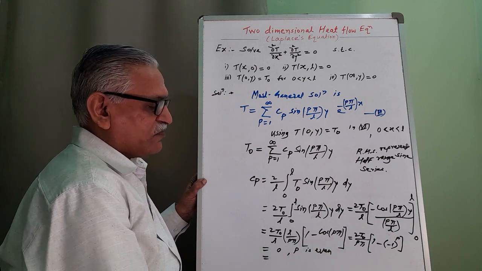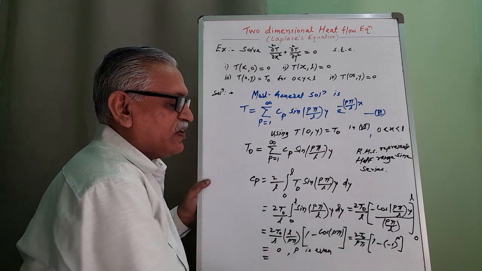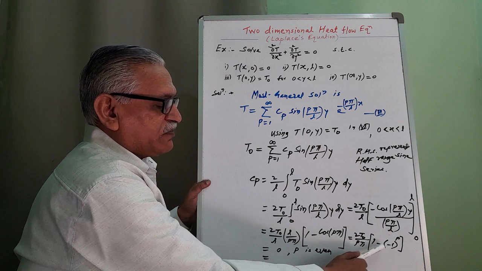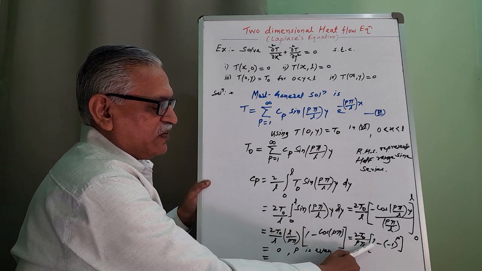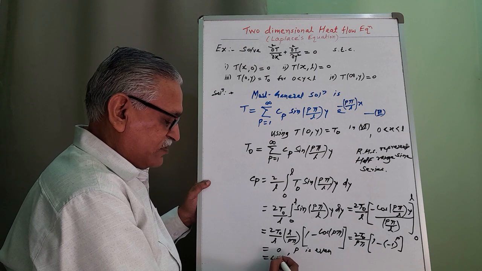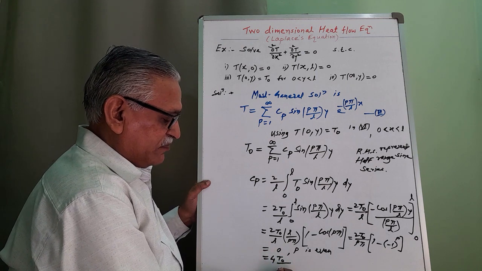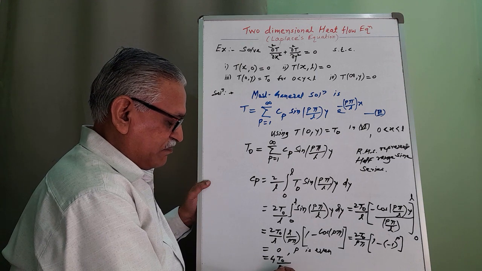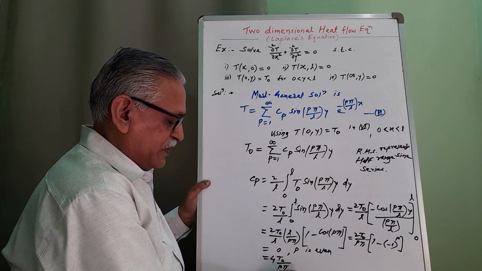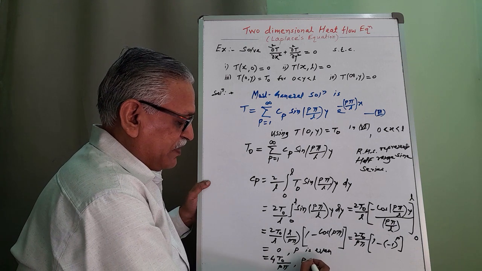And the second value, if we consider p as odd, minus 1 raised to 1 is minus 1, minus minus becomes plus 1, 1 plus 1 we get 2, 2 into this 2, the value is 4T0 divided by p pi if p is odd.